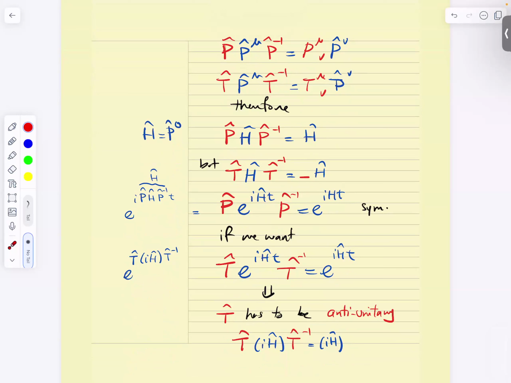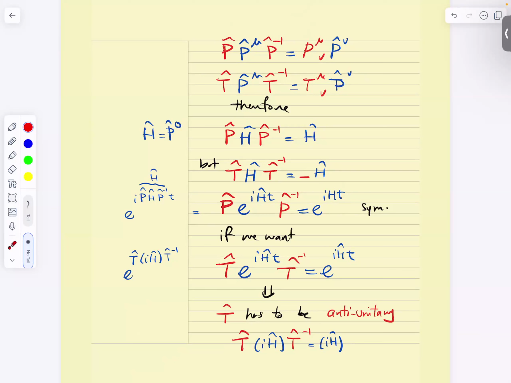Now, what happens is that if you pick T to be anti-unitary, it means that H goes to minus H, but iH goes to iH. Here's your example. Remember when we talked about Wigner's theorem, it concluded that symmetries must be represented either as unitary or anti-unitary. Here's an example of an anti-unitary.